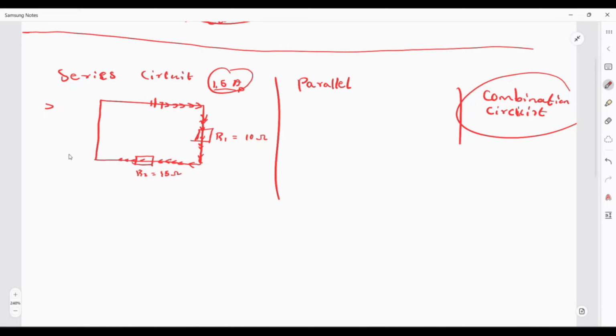So what I would just want to illustrate is that in a series circuit, you have current is the same.